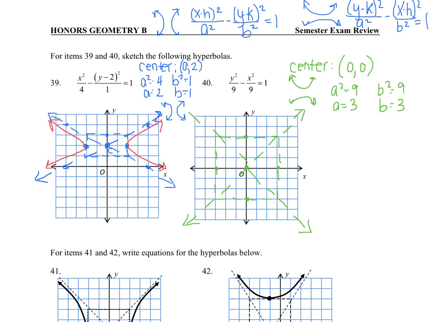Sorry, not the most accurate, but you understand what I'm doing. Finally, I have to graph my hyperbola. It's going to go through my vertices, which are here and here, and it's going to run along my asymptotes. So I have a hyperbola here, and I have a hyperbola here. And that's my graph.